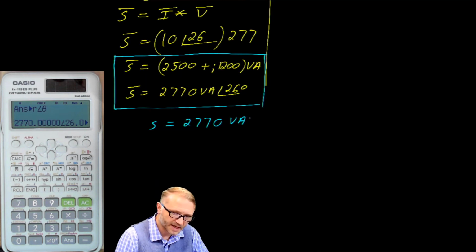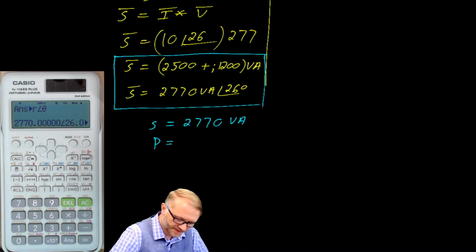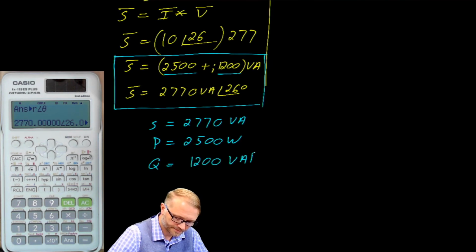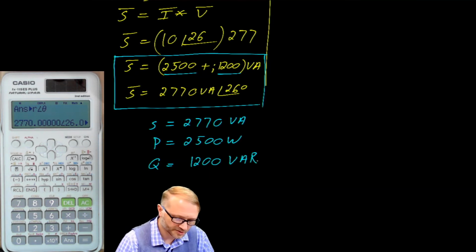All it does is it has a magnitude. Again, there's no bar over this thing. Power, in this case, is 2500 watts, and Q is 1200 var. Okay, so that's how all of those pieces go together.